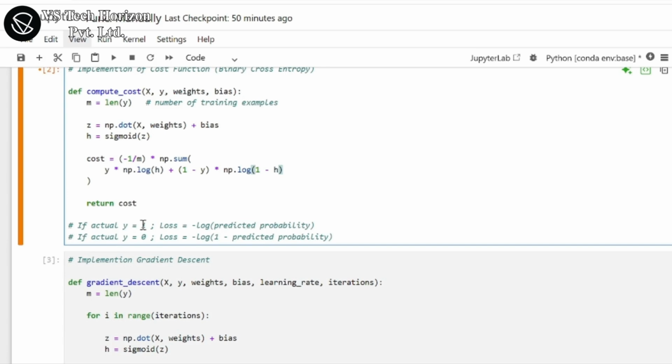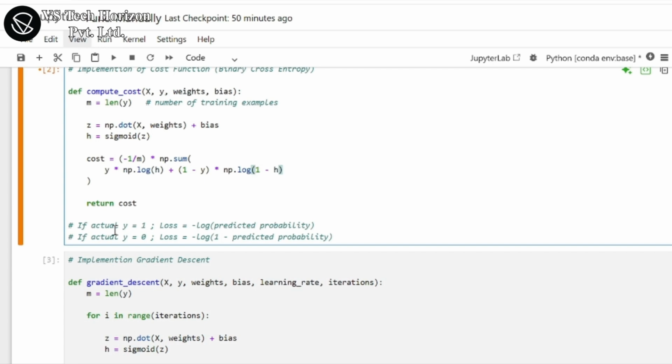The next part consists of the actual label as 0. If the actual label y is equal to 0, then it becomes the log of 1 minus the predicted probability.